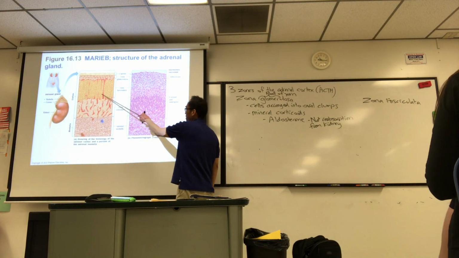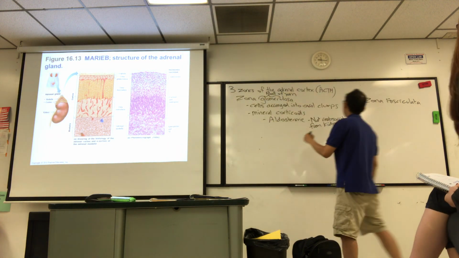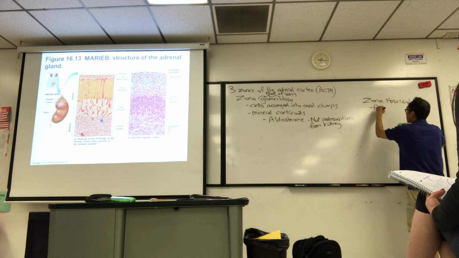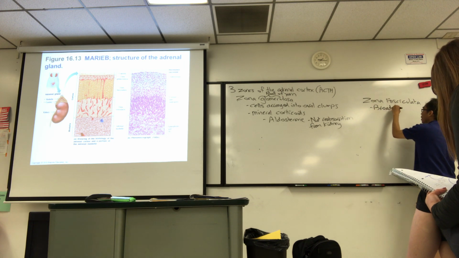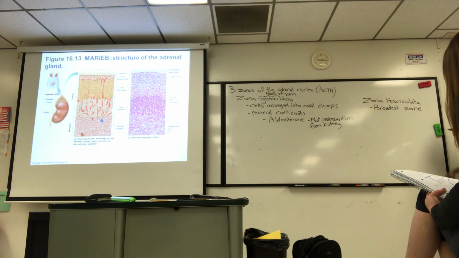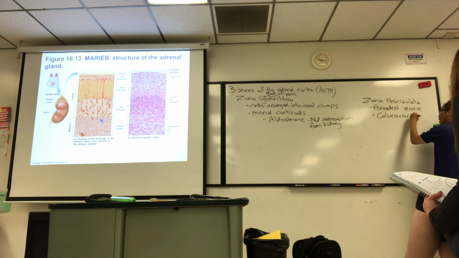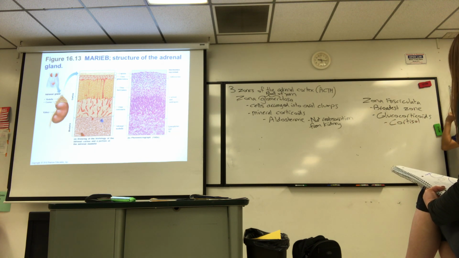What I would note is it tends to be the broadest zone. And they secrete hormones that are a class of corticosteroids called the glucocorticoids. The most important one you gotta know is cortisol. Just know cortisol and aldosterone.